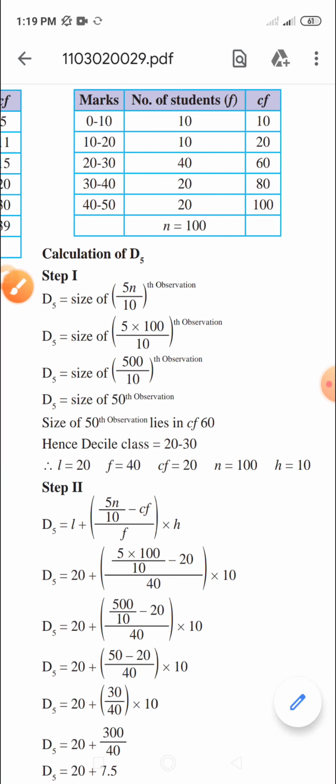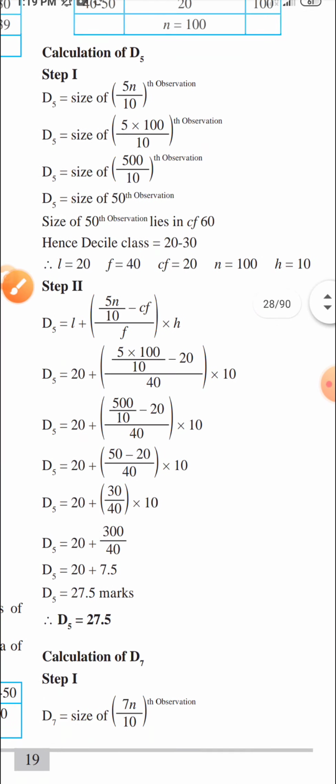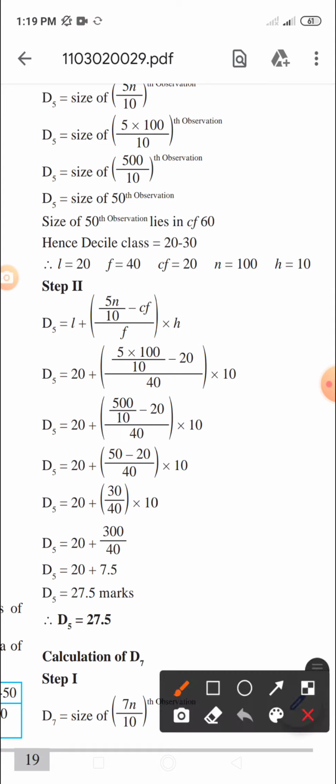So here D5 is equal to 20 plus 100 into 5 upon 10 minus 20 upon 40 into 10.